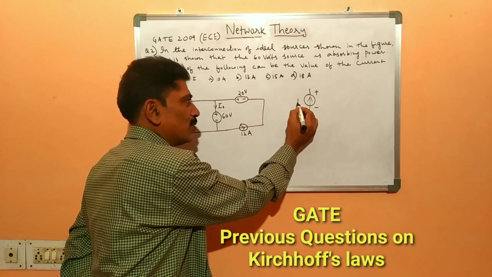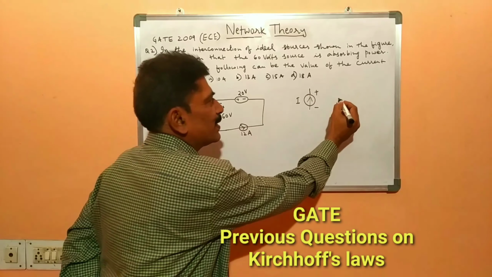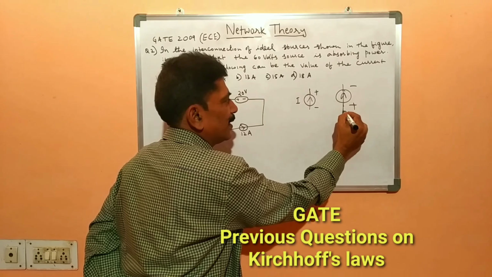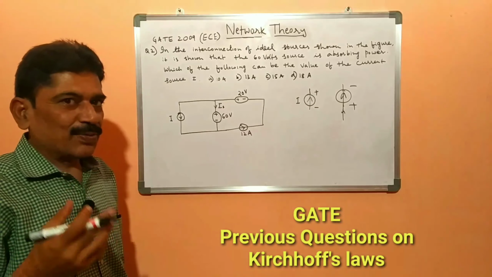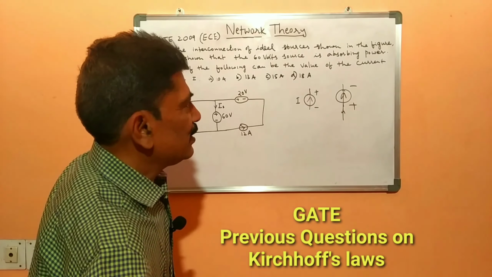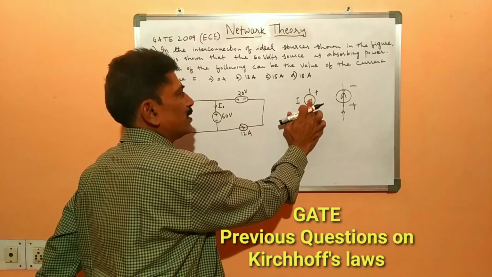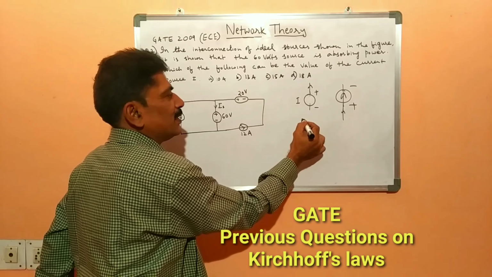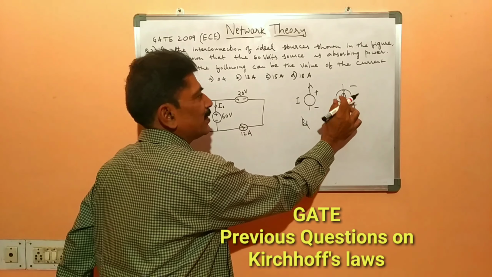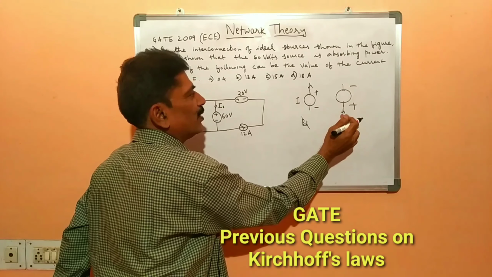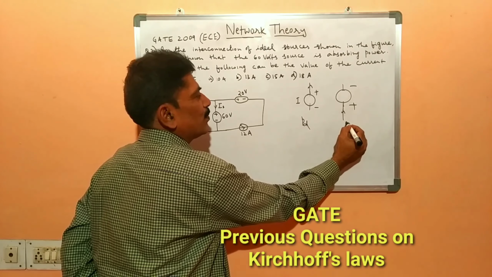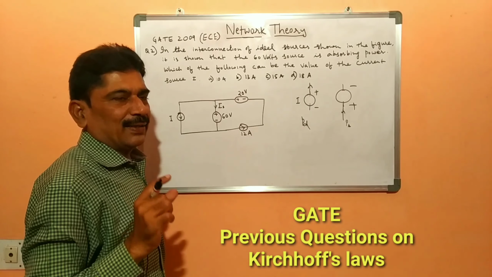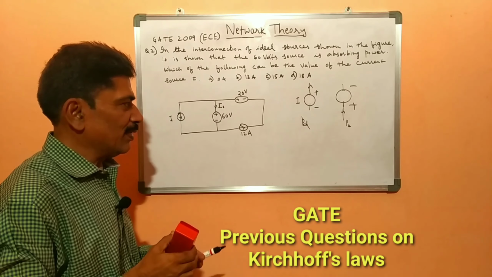Though it is a current source, it delivers the power. And if it is like this, minus plus, that means the current is entering into the positive terminal, so it is absorbing power. And the same thing is applied to voltage sources also. If it is a voltage source and the current is moving out from the positive terminal, then it is said to be delivering power. If it is like this, entering the positive terminal, then it is absorbing power. And the power is nothing but the voltage into the current delivered by that source. That is the power delivered or power absorbed.